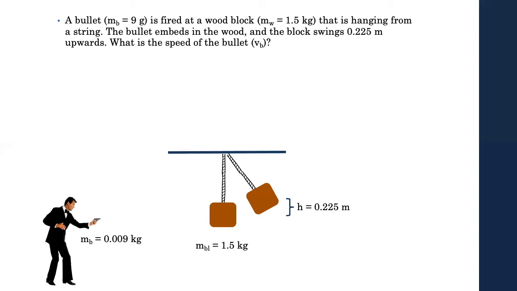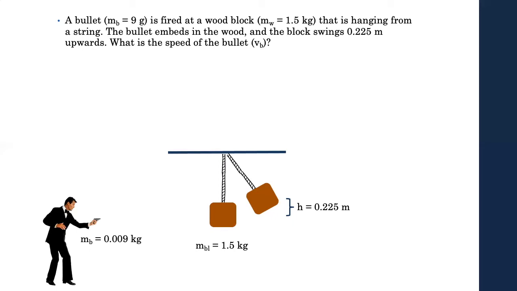Absolutely. For those who couldn't hear, thinking about how you're going to answer the question conceptually first is essential. What she said was, we know the height that the block travels once the bullet embeds in it. And once it reaches that height of 0.225 meters, the bullet and the block together are stationary.